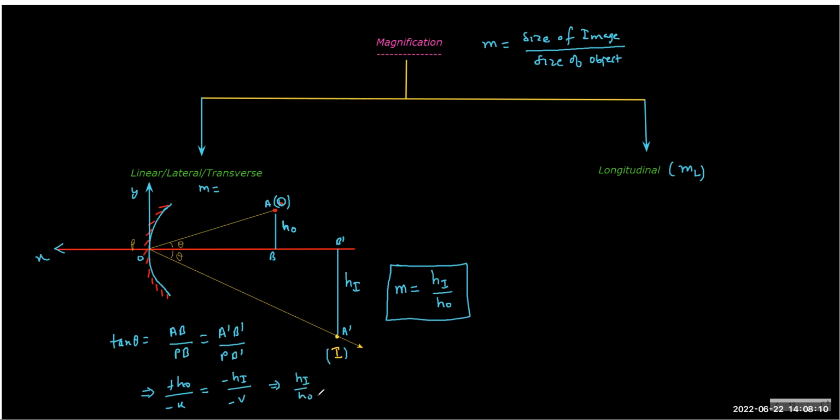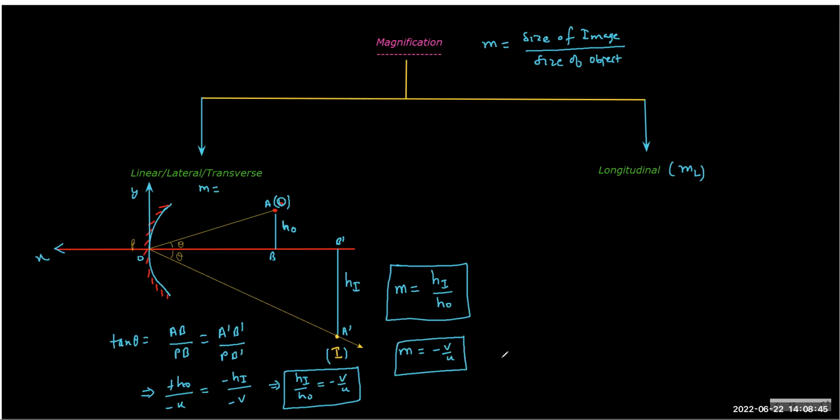HI by HO is basically minus V by U. Can you see that? We derived using the proper sign convention. We substituted all the symbols with proper sign. So we took up as positive, down as negative, as per the Y-axis. But M is defined as HI by H naught, because HI and H naught were values actually, which turns out to be minus V by U. So we write M equals minus V by U.